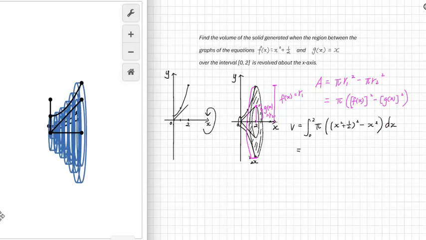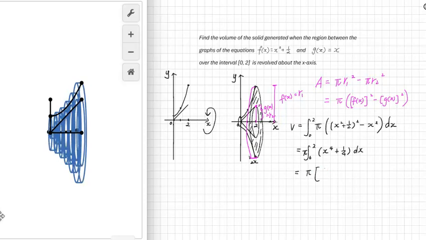Now we continue. Expand everything and take the pi out. So x squared plus a half, squared, minus x squared will eventually give us x to the power 4 plus a quarter, dx. All we need to do is integrate it.